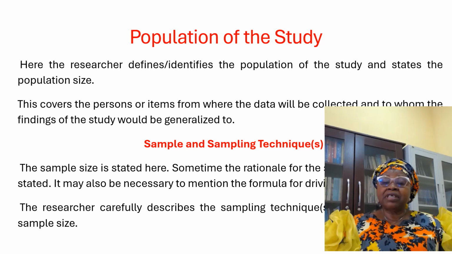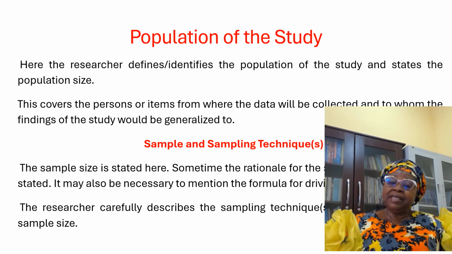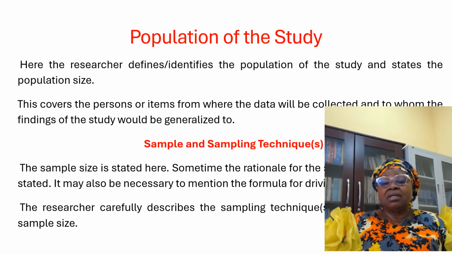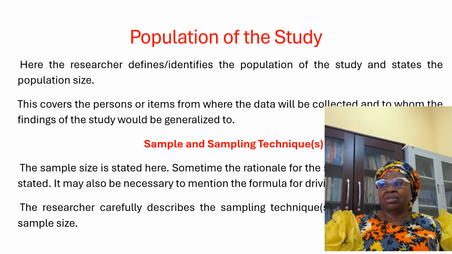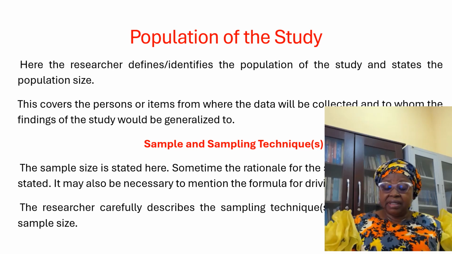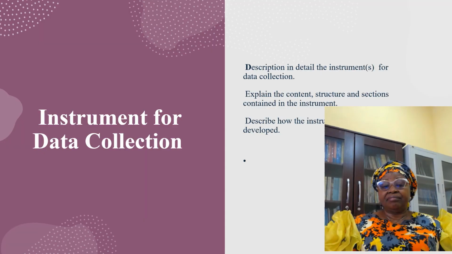Sometimes the rationale for the sample size may also be stated. It may also be necessary to mention the formula for deriving the sample size. The researcher carefully describes the sampling techniques: how did you select your sample so that it becomes a true representation of the population? It must be carefully and critically reported.